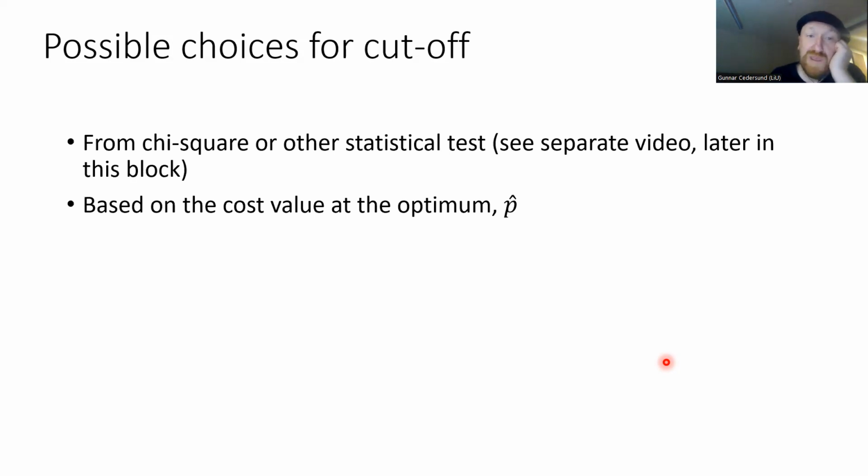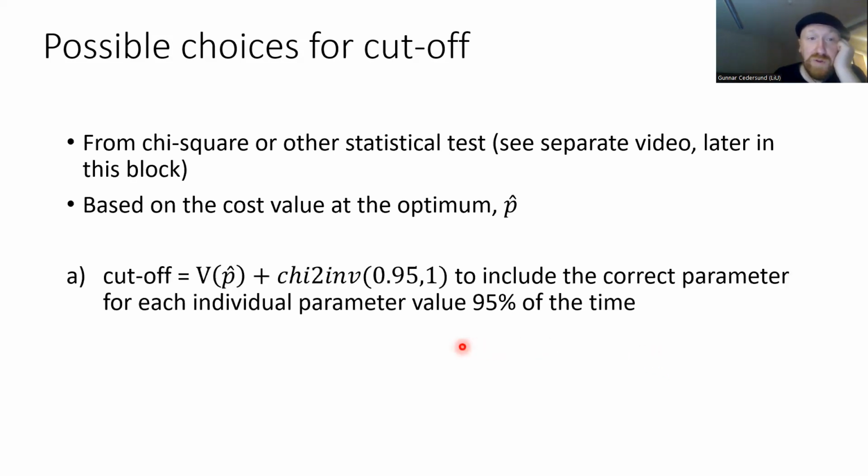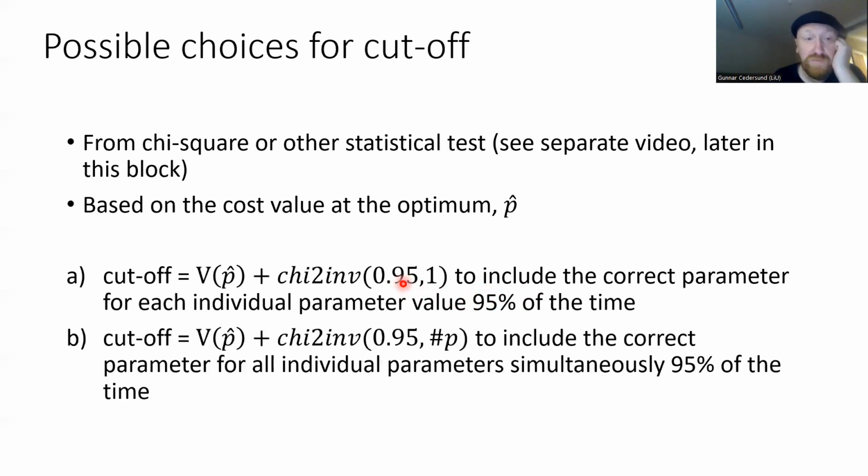But you can also base them, and this is the traditional way to do it for the profile likelihood, on the cost value at the optimum, and then you take that cost value plus the inverse of a chi-square distribution with 1 degree of freedom. If you want to have the smallest confidence interval possible, where you only require that each individual parameter should lie within the confidence region 95% of the time, if here you have 95.